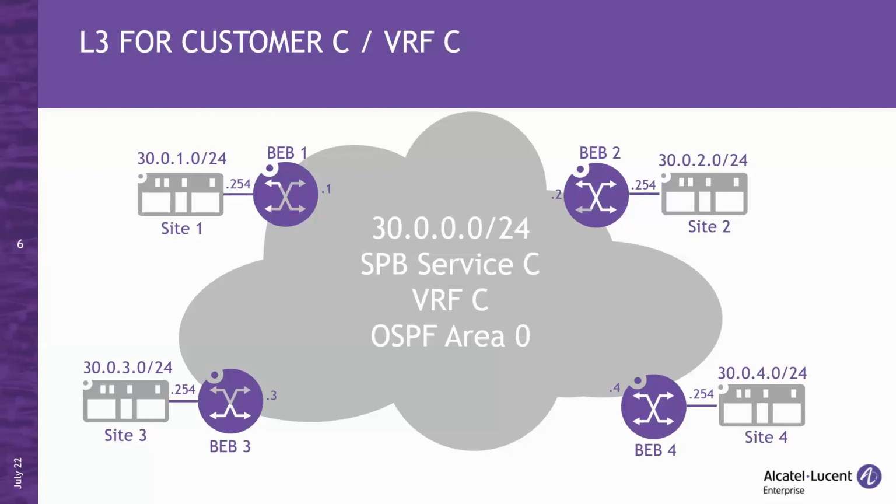Traffic from one BEB node to another BEB node will be bridged across the shortest path created by SPB. That alone, the fact that we do not need to create VRF or routing instances on BCB or core nodes, saves a significant amount of effort compared to a legacy architecture using pure VLAN trunking, VRF, and routing, because that would require VRF and routing on all intermediate hops, not just the edge nodes.